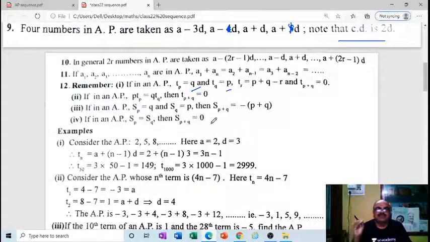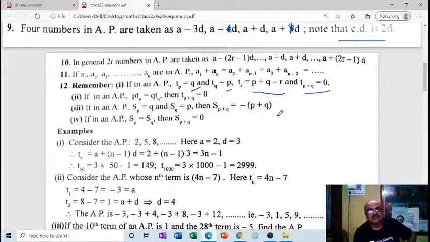Now, TR equals P plus Q minus R, and T of P plus Q is equal to 0. Is this clear to you?